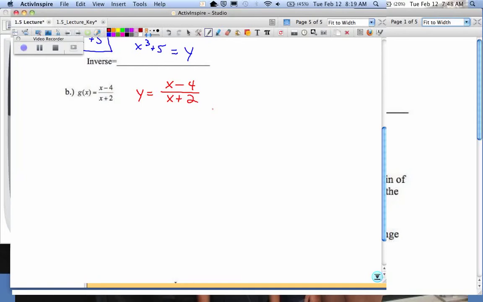So the first thing we'll do is we'll flip-flop all x's and y's. This y becomes an x, that x becomes a y, and that x becomes a y. What would you do first? Do the y plus 2.